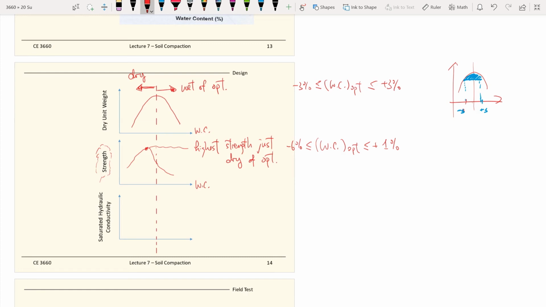On the other hand, if you have a design where you want to focus on the hydraulic conductivity, for example, maybe earth dams. An example for the previous topic on strength could be a pavement.